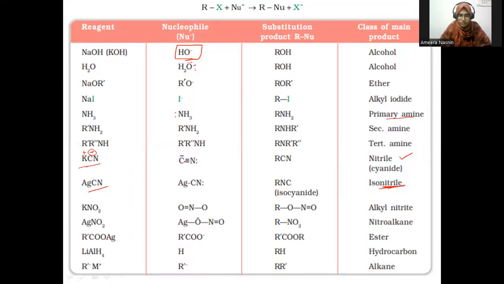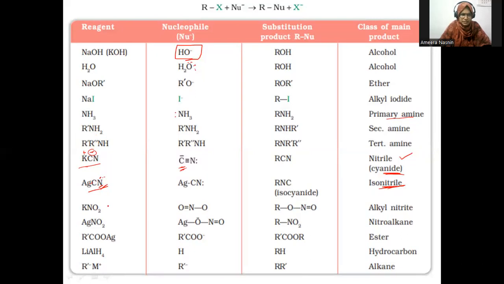So the new bond is formed between this carbon and the electron deficient carbon of the substrate, and we will end up with a cyanide. When we take AgCN, it is a covalent bond, so the attack is happening, the new bond is getting formed through this nitrogen, and we will end up with the isonitrile or isocyanide.